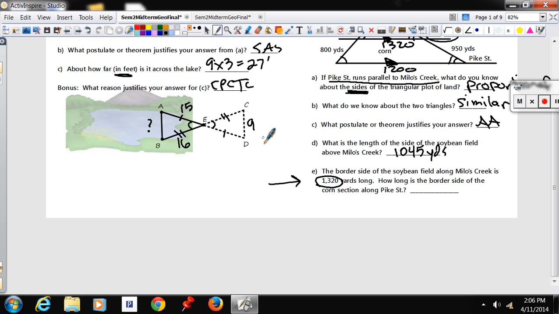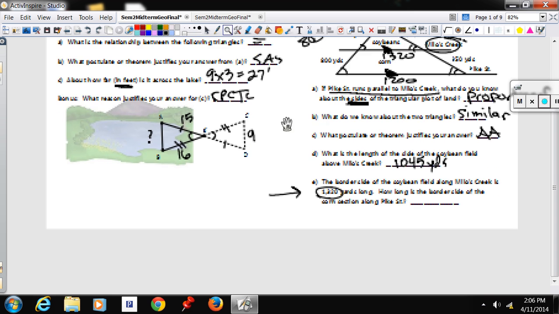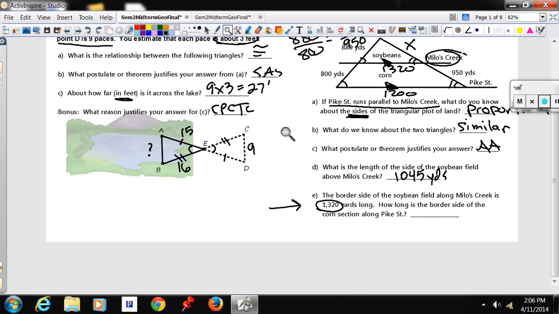Can that be 1,200? Not looking at the picture, it can't. It's got to be longer than the 1320. So what we have to do is figure out what proportion we can set up to get the 2,520. This is actually going to be 2,520 down here. What proportion would we set up to get that is what we need to know.